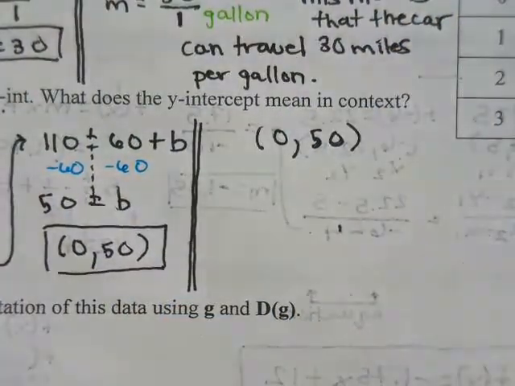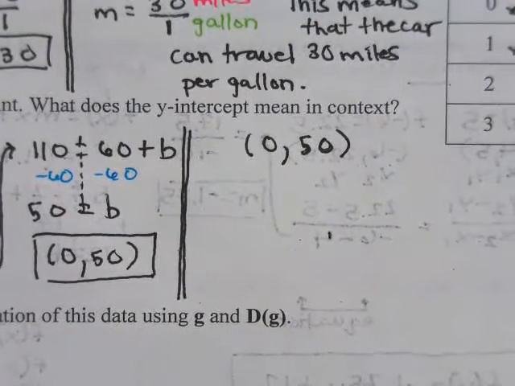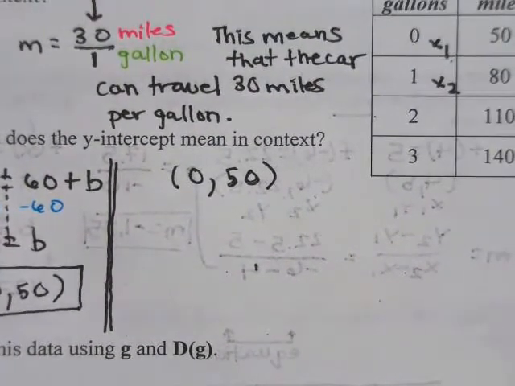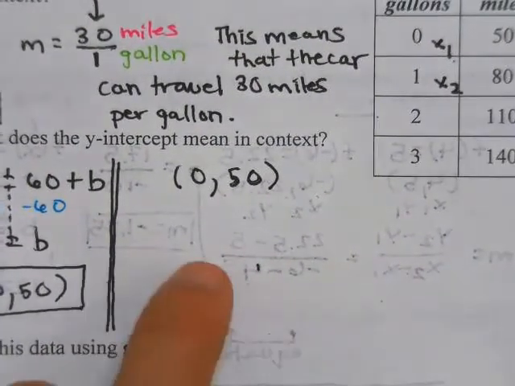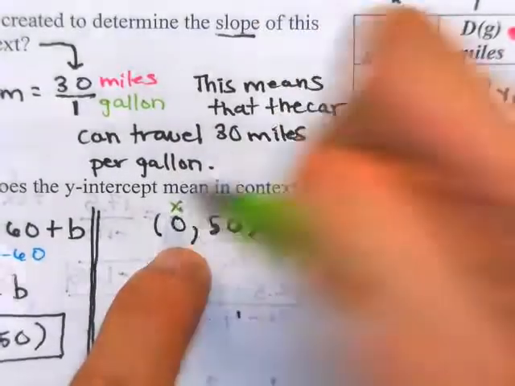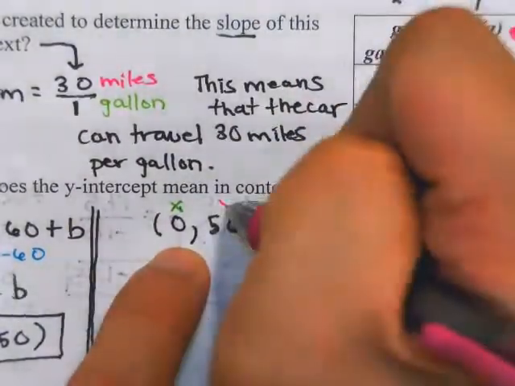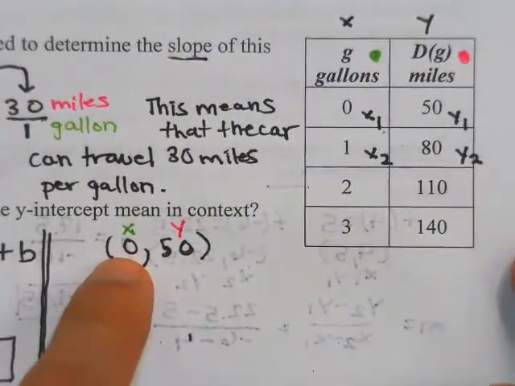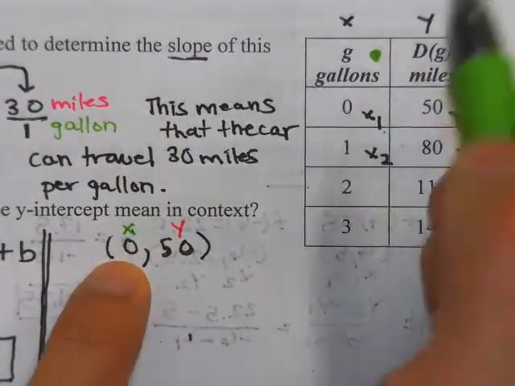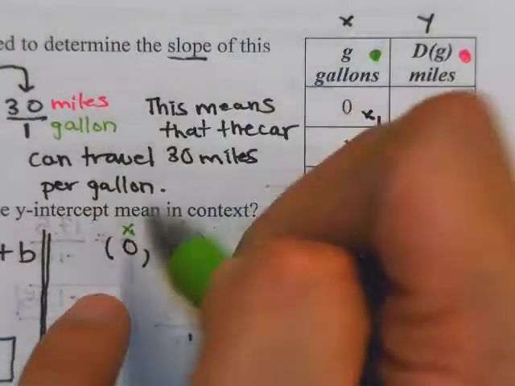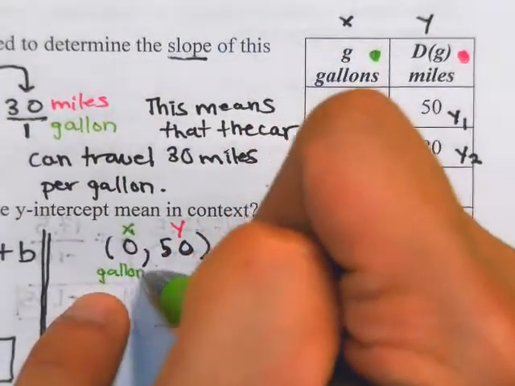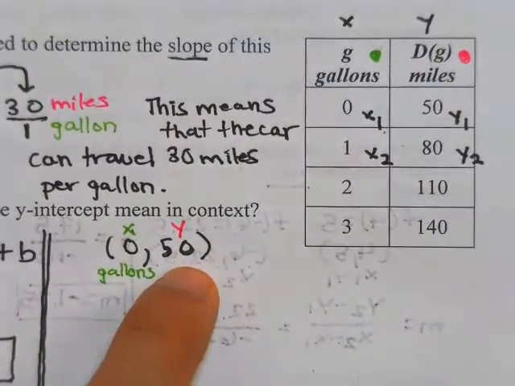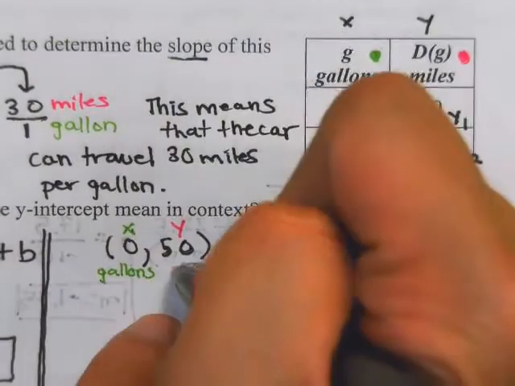There are 2 ways we can write about the y-intercept in context. But again, I want to focus on the units for right now. When we do coordinates, this is your x and this is your y. What was your x, or your g, unit of measure again? Was it miles or gallons? Gallons over here. And then 50 what? 50 miles.